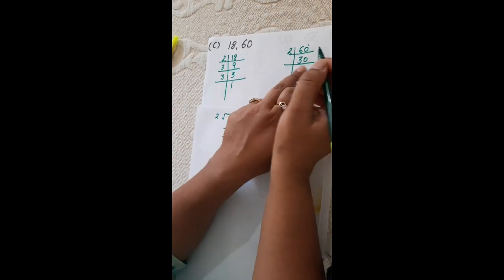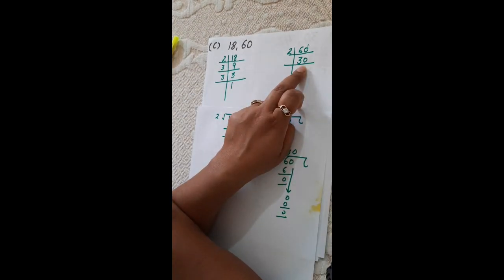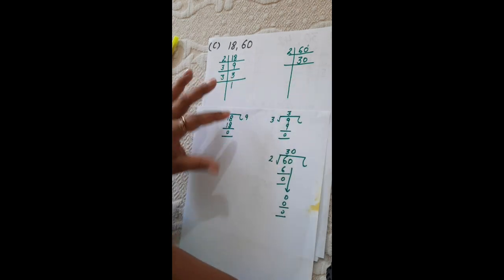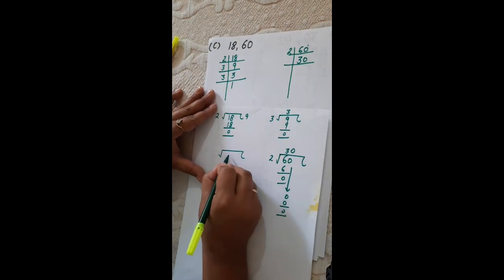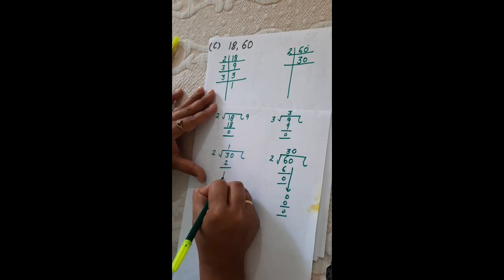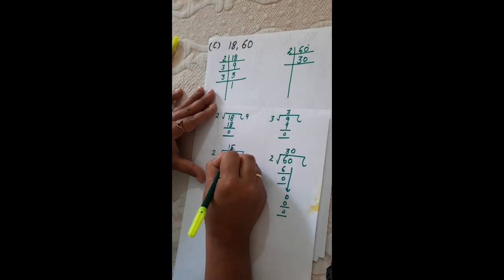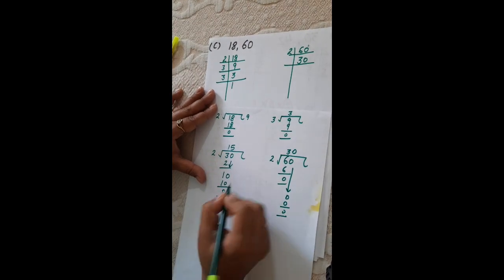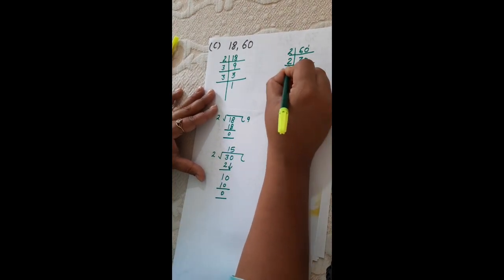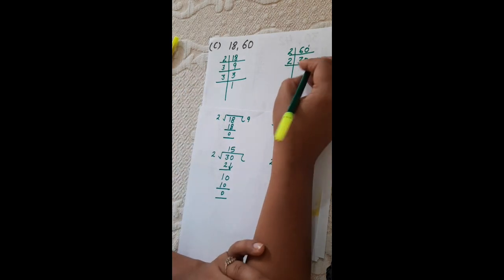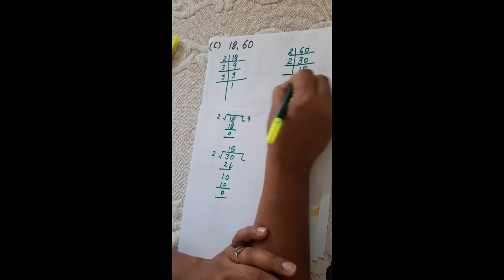Again I have 30. The unit digit is 0, so again 30 is divisible by 2. So divide 30 by 2. 2 ones are 2, I am left with 1. Then 2 fives are 10. So here I will write 2. When you divide 30 by 2, I will get 15.